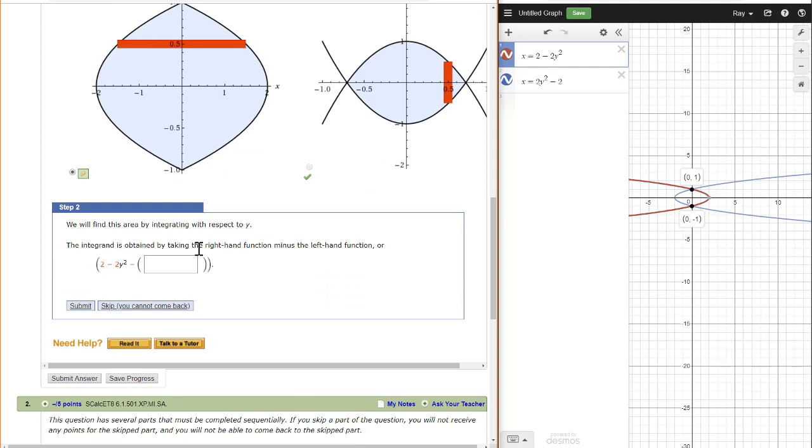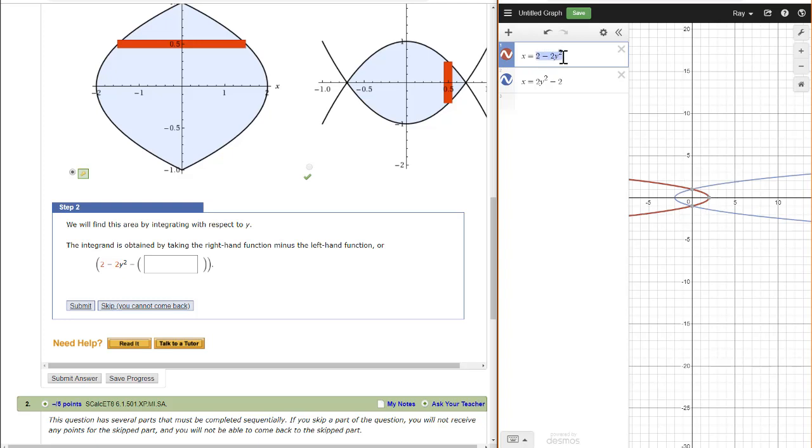The integrand is obtained by taking the right-hand side function minus the left-hand side function. If you tilt your head to the right, you'll see that the upper function will be the right-hand side function. That's the greater function, which is the red graph.